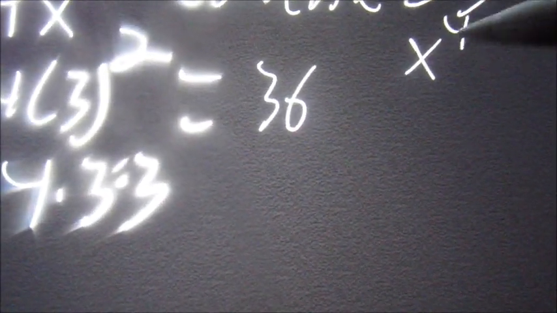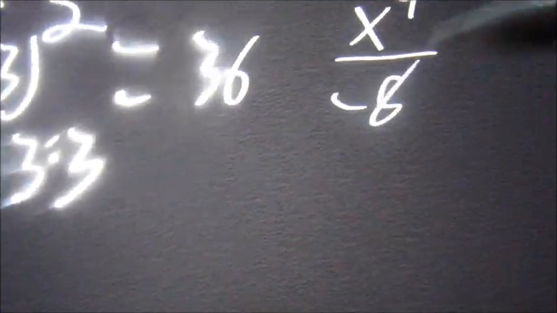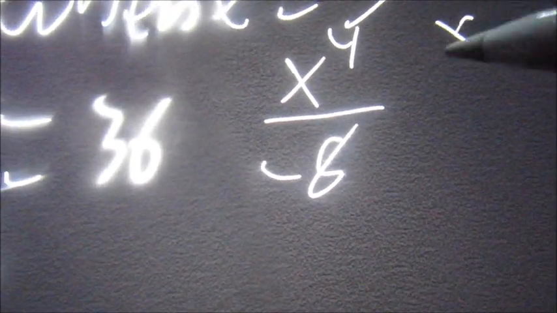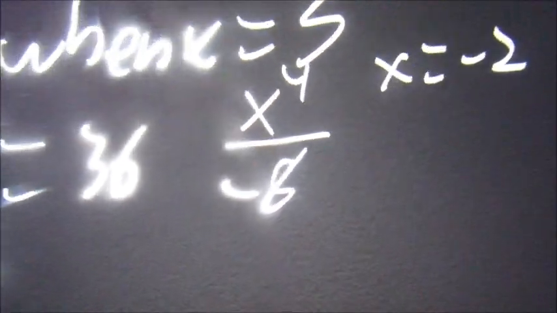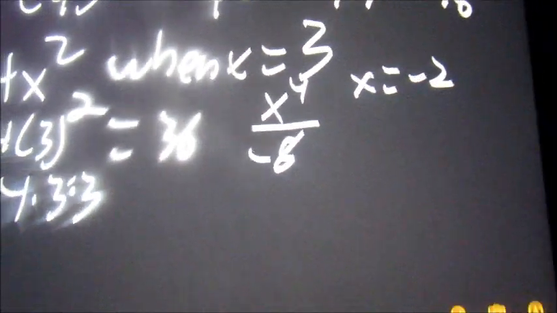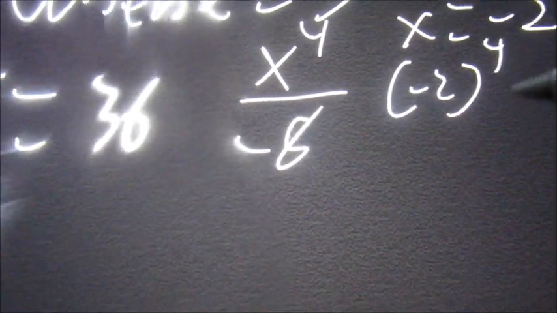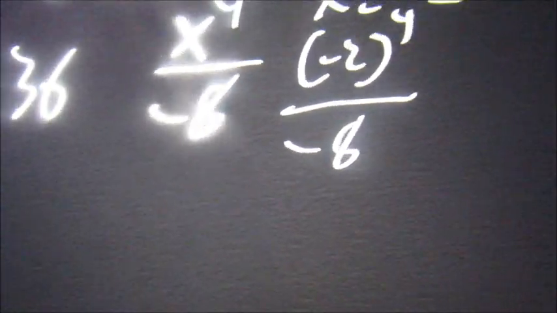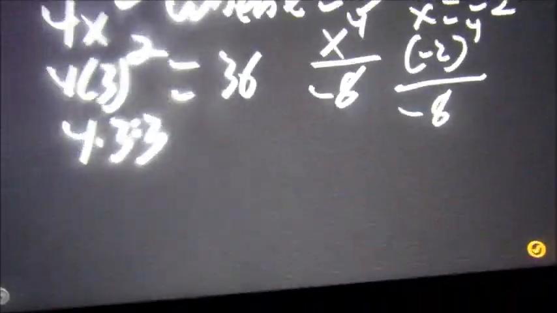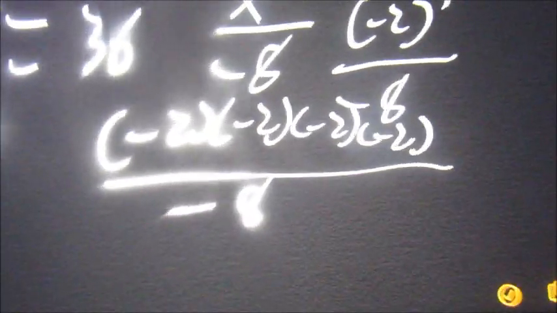Then let's say that we have x to the 4 over negative 8, where x equals negative 2. So remember, put this in parentheses. So it's negative 2 in parentheses raised to the 4 over negative 8. So this is negative 2 times negative 2 times negative 2 times negative 2 all over negative 8.